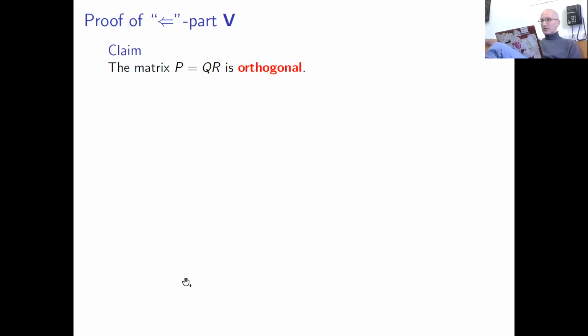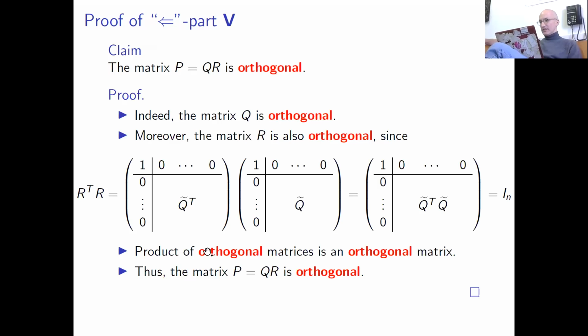This is the final easy part of the proof. We already know that Q is orthogonal and R is orthogonal. We need just to check that R transpose times R is the identity. When you multiply matrices formed by these blocks, you basically multiply the blocks. You get 1, which comes from multiplying this row by this column.